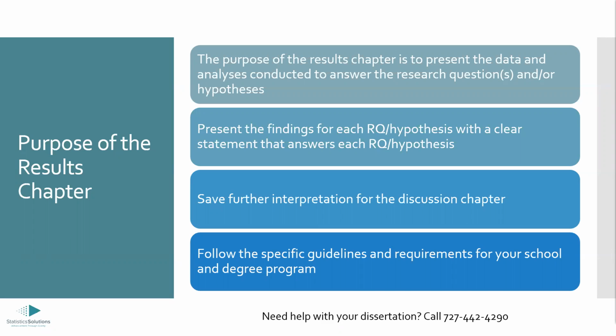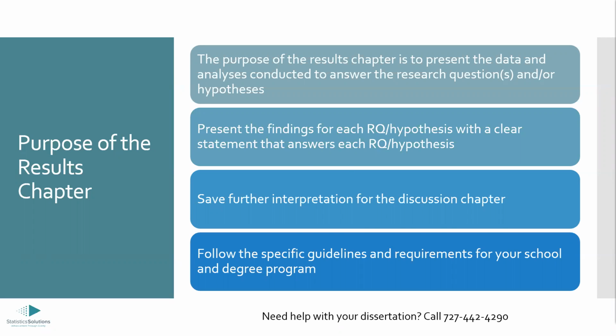So different schools will have different requirements. Some schools may have more or different sections than what we talk about today. Some schools may want things organized a little bit differently than how we present it today. So you do want to make sure that if your school or degree program provides you guidelines for the results chapter, that you defer to those.